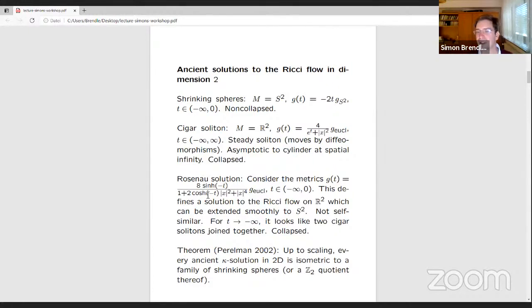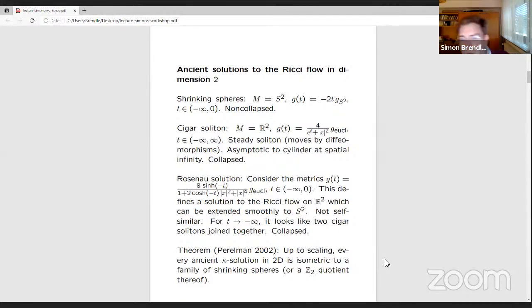And the caps look like the cigar soliton, and the piece in the middle is basically an S1 crossed with an interval, and the S1 has a finite radius, but it has a little bit of positive curvature, so it's a little bit convex, so to speak. Right. Okay, and this thing, like the cigar soliton, is collapsed.